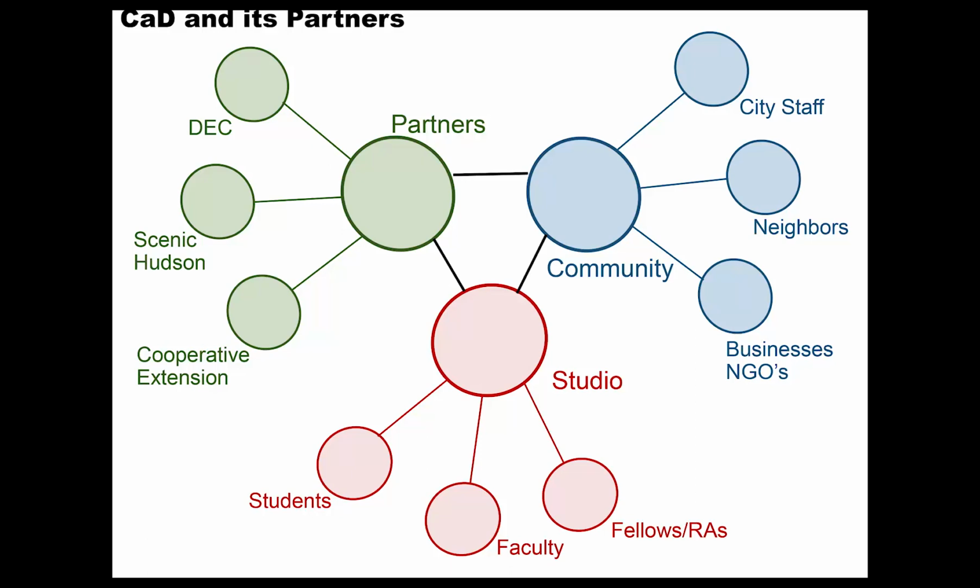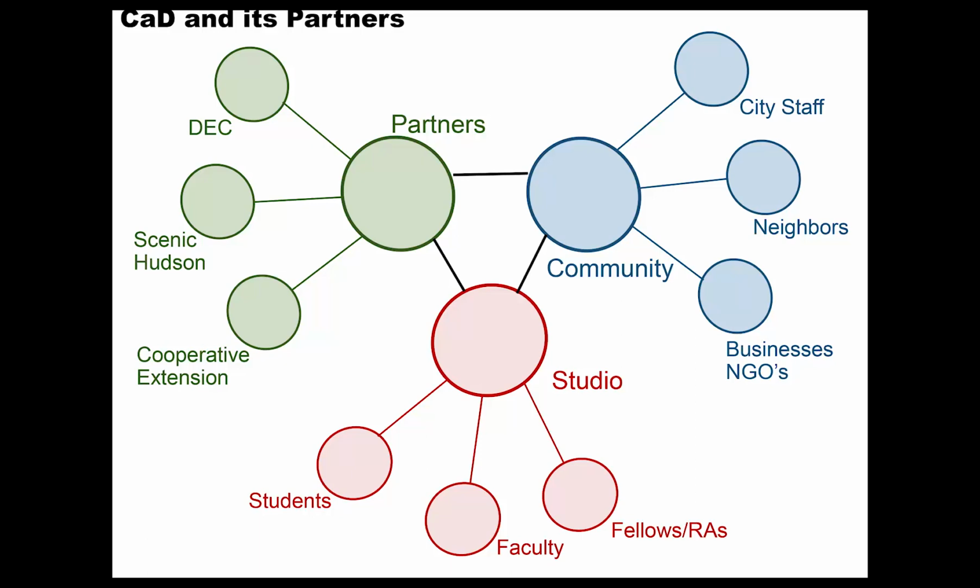That on top of the fact that I have a key partner in the Department of Environmental Conservation, which is the New York State Natural Resources Agency, for lack of a better term. There's some fantastic people there working in the Hudson River Estuary, and they have a climate outreach program.